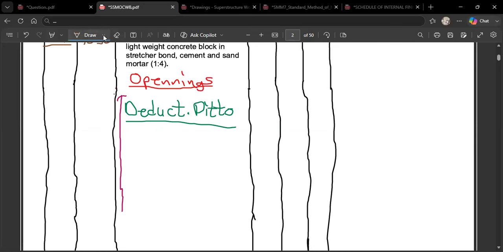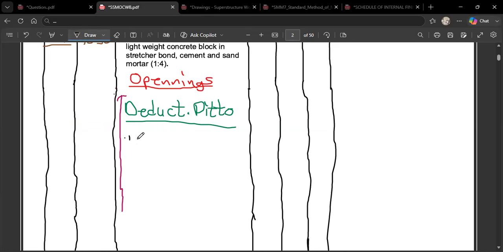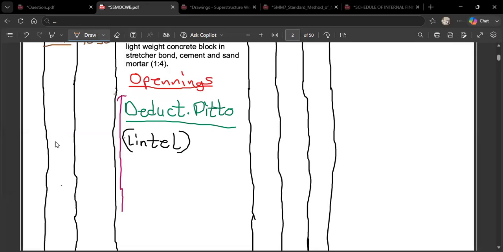Okay, so this is the length. So the one I'm doing over here is for the length.